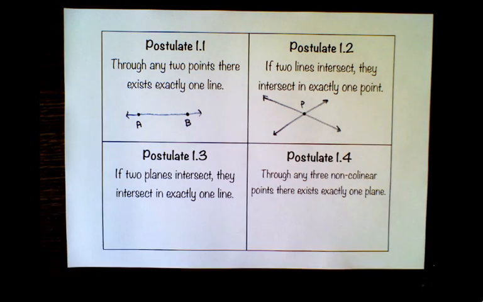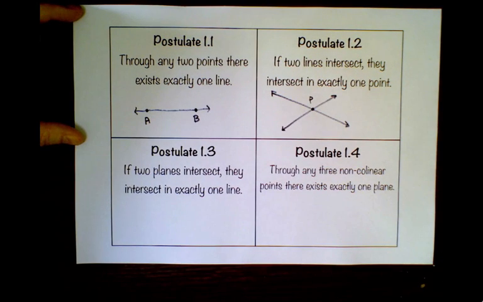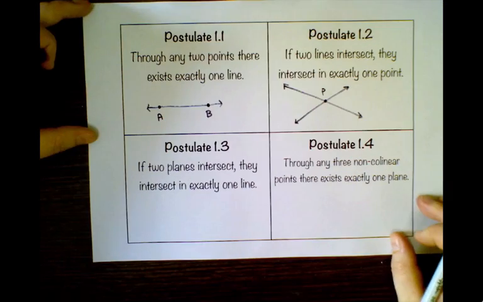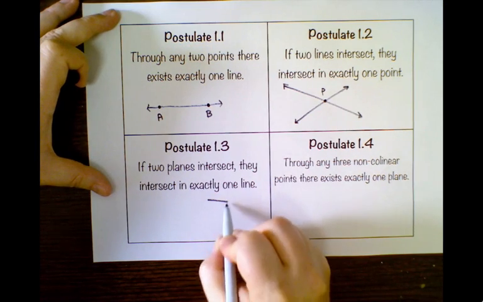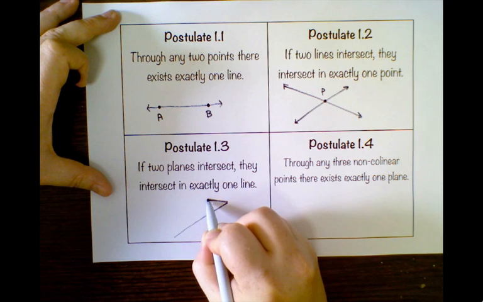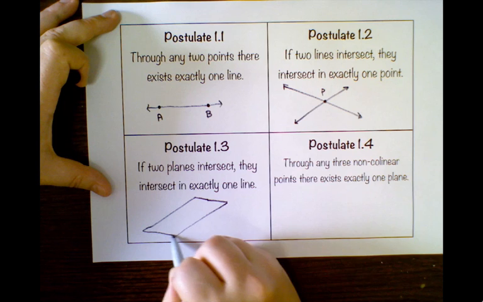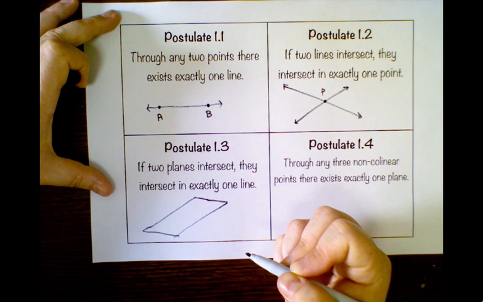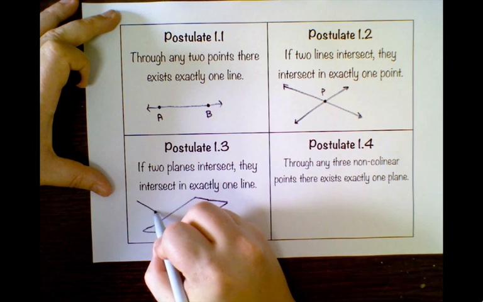P. Why not? Oh boy, I'm not very good at drawing, so you're going to have to bear with me. Okay, I'm going to try and draw 2 planes that are going to intersect. So let's say that that's a plane. And let's say that that's a plane.